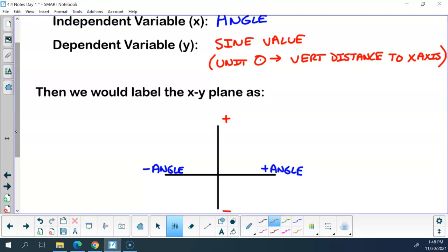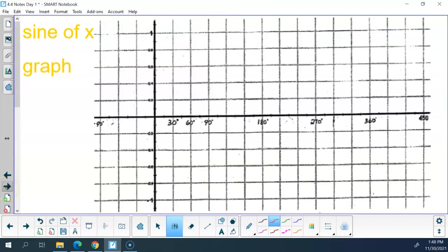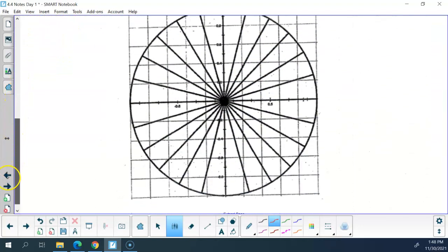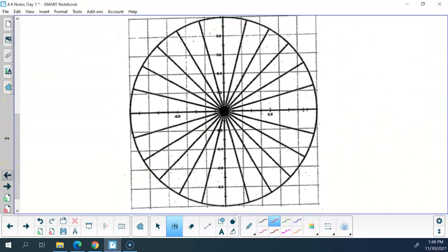Good times. Okay. So you all have a two-sided sheet and a piece of spaghetti in front of you right now. At the top of the front side, it should say y equals the sine of x. On the back side, it should say y equals cosine of x. What you have at the bottom is a unit circle.